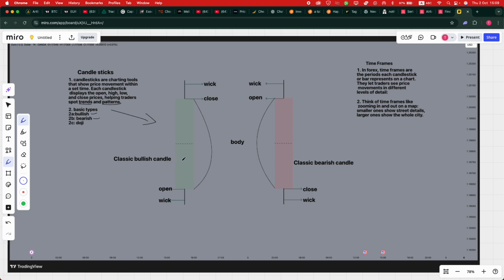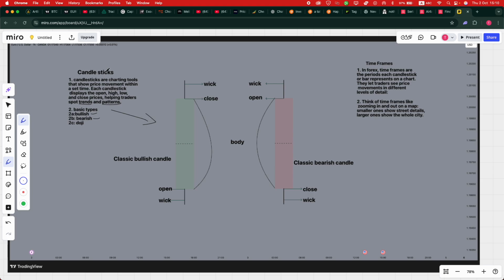Now, the classic bullish candlestick. There's no stick here, but you can just put it in. Anyways, the classic bullish candlestick, what happens here? You need to understand what happens within a candle, how a candle is being formed or created. If you read this, it says candlesticks are charting tools that show price movement within a set time.